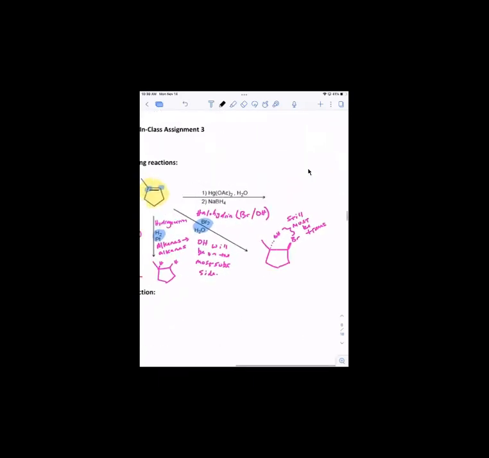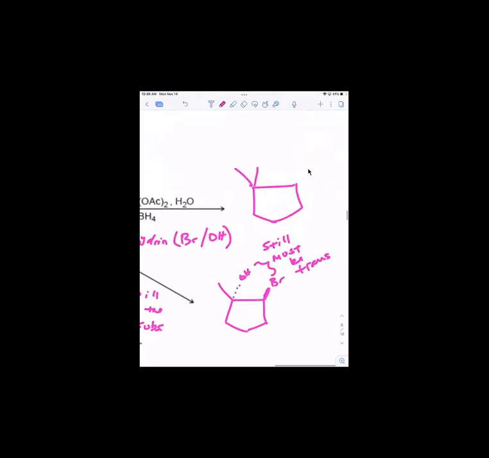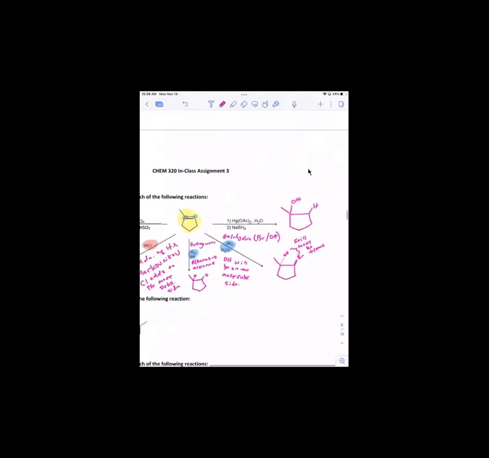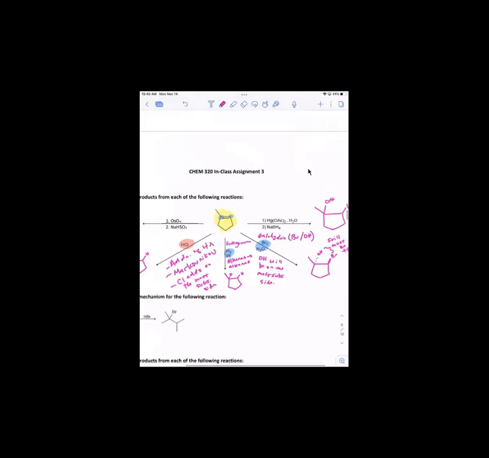So what's the product here? Well, it's kind of a dumb question because we already wrote it out. So the product here is going to look like this. Right? And let's do this other reaction first, and then we'll go back and do the mechanism for oxymercuration.